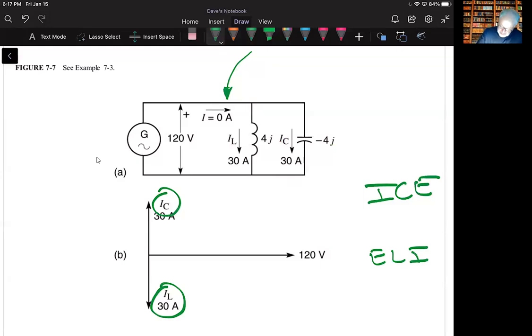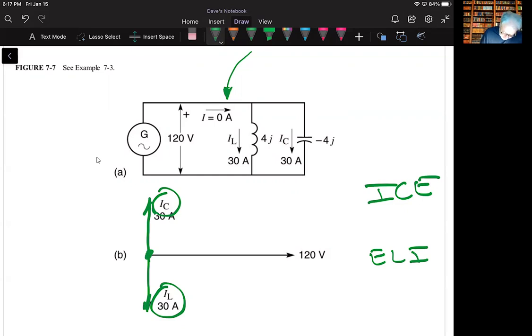We're seeing that represented in this phasor diagram. If I've got 30 amps in this direction and 30 amps in this direction, the net current, these cancel each other out. The vector sum of I sub L and I sub C is 0.